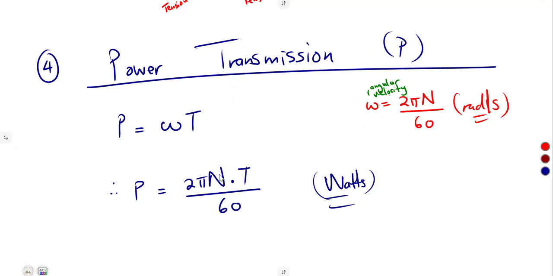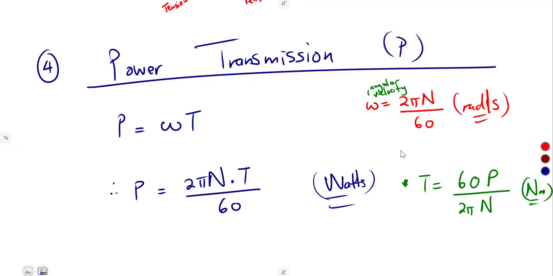And also, remember in our N4, we said we can make whatever you want here the subject of the formula. So T can be calculated. The torque from here, if you make it the subject, cross multiply, T is going to be 60 P over what? You're going to divide by 2 pi n. That's it. We've got the torque there in what? In Newton meters.